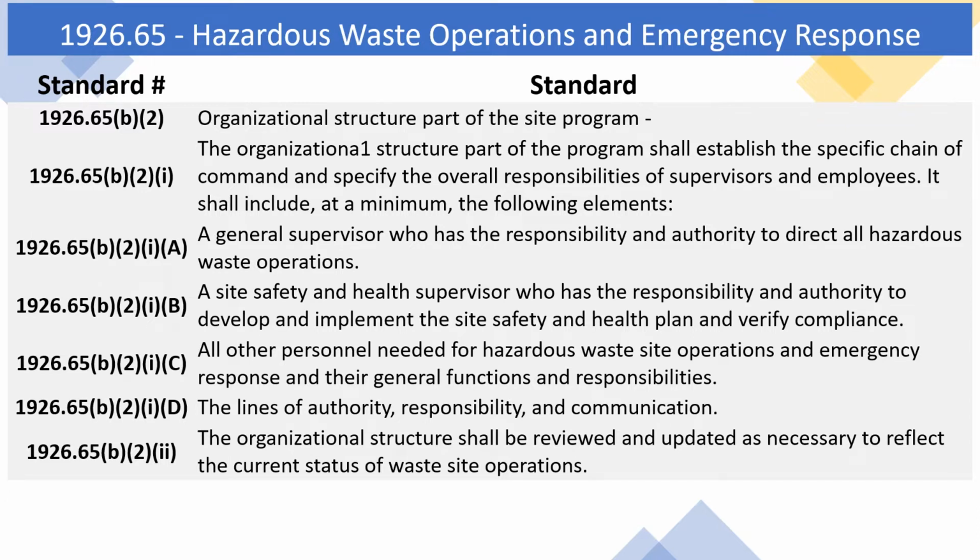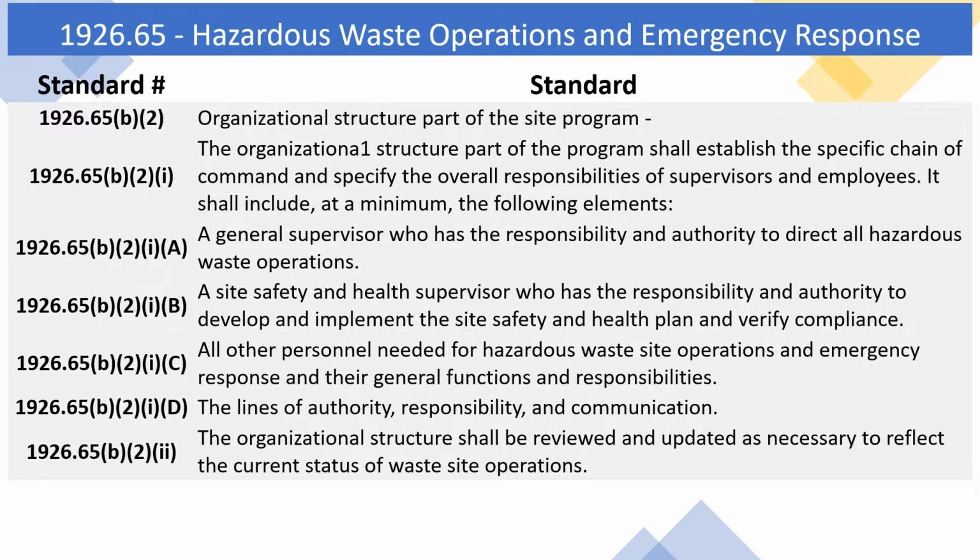(B): A site safety and health supervisor who has the responsibility and authority to develop and implement the site safety and health plan and verify compliance. (C): All other personnel needed for hazardous waste site operations and emergency response and their general functions and responsibilities.